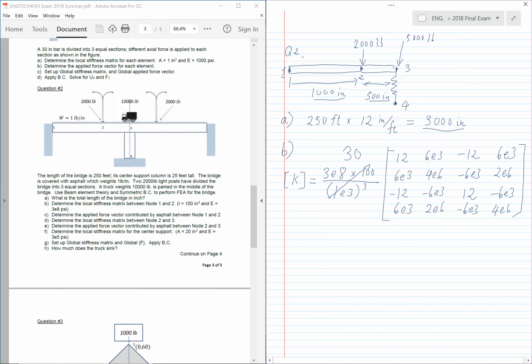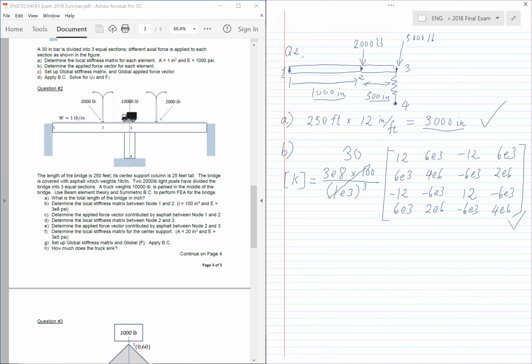Is that right? Now 3 times 3e10, so 3e10, and then 1e3 cubed, so it's 9e10. Yeah, that's right, 30. Okay, guys, are you with me so far? See, easy. I got part A right and part B right.